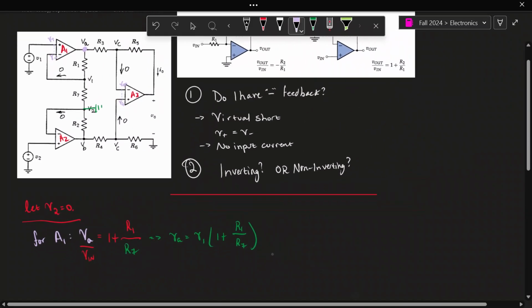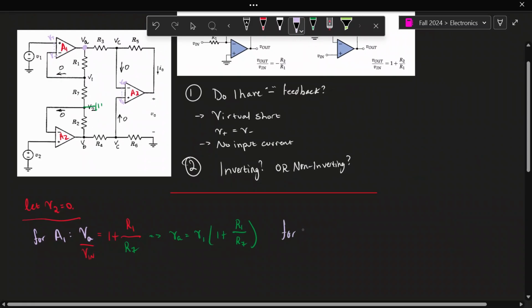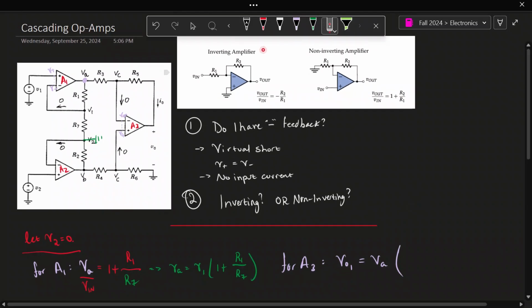Okay, so let's write for A3, V out, and we'll even write VO1 because we're using only V1, is equal to VA times negative R feedback, which is R2 in the general circuit, over R1. Where's our feedback resistor?